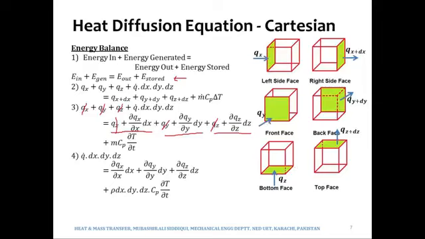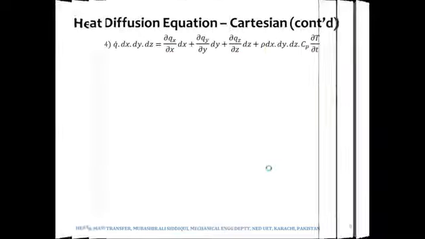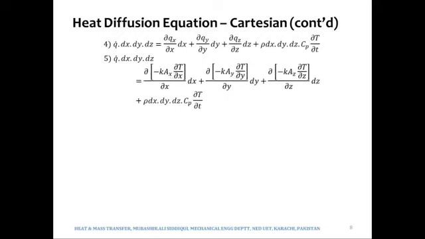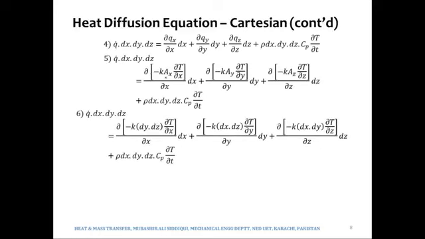So since qx, qy and qz are being incident upon different areas, therefore we have written Ax, Ay, and Az. And as I just mentioned, Ax is dy times dz, Ay is dx times dz, and Az is dx times dy. So in the next step we will write the corresponding areas.